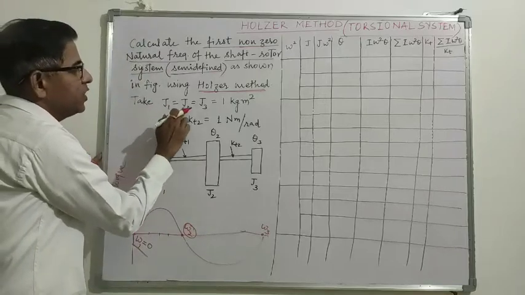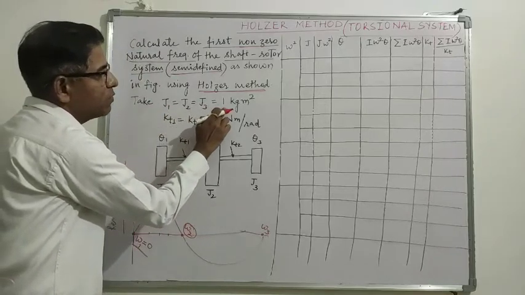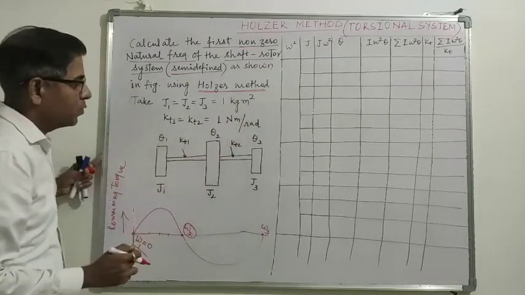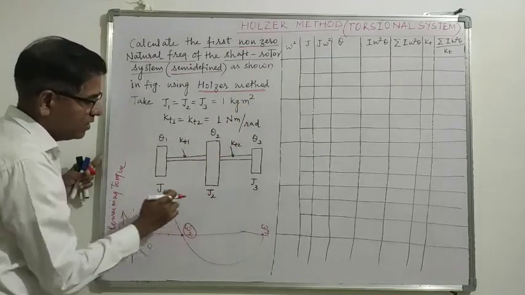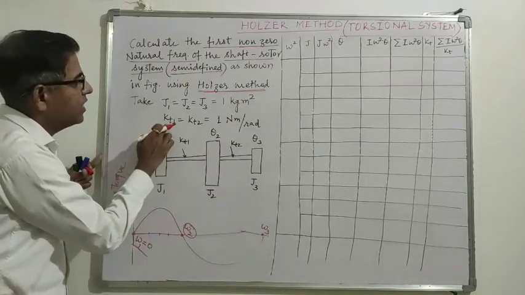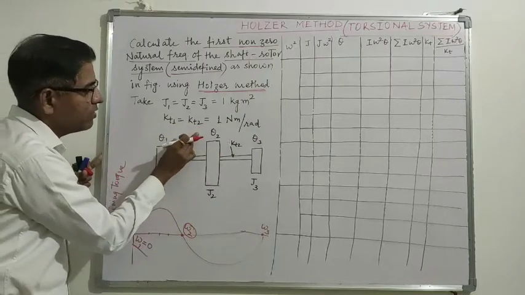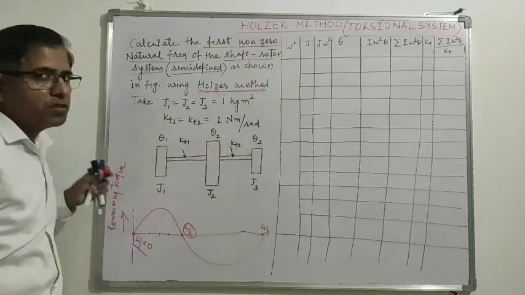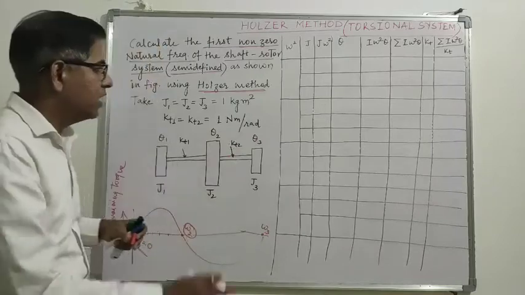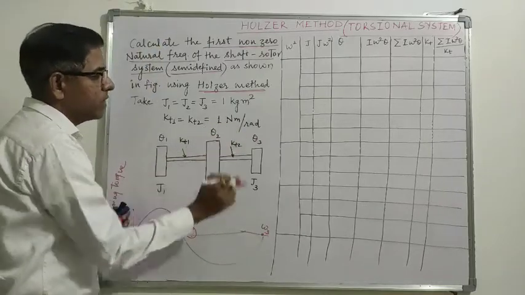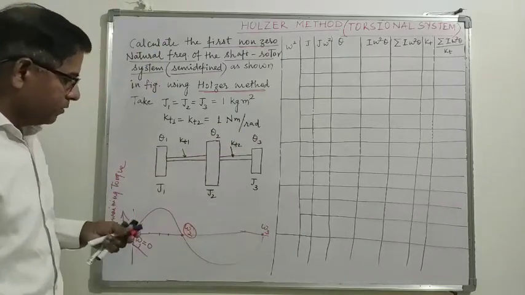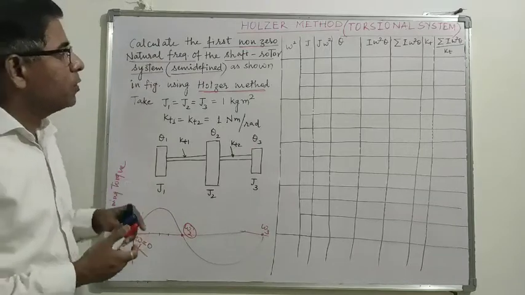J1, J2, J3 are equal, each 1 kg meter square. Similarly, KT1 and KT2 are equal, the torsional stiffness of the shaft, given as 1 Newton meter per radian. So this is the problem.